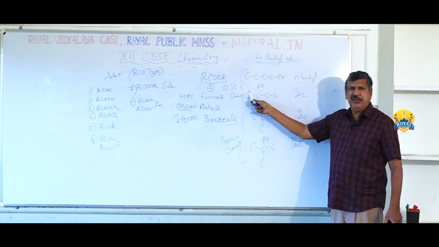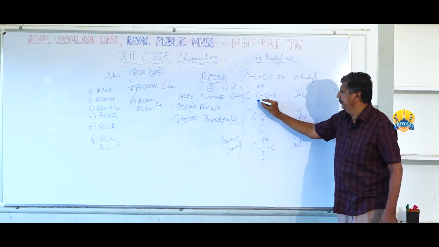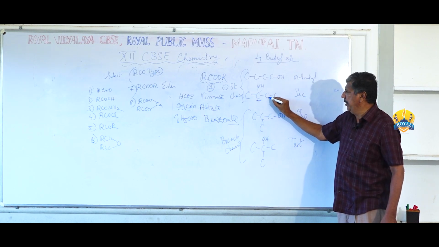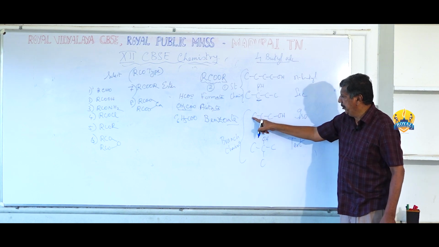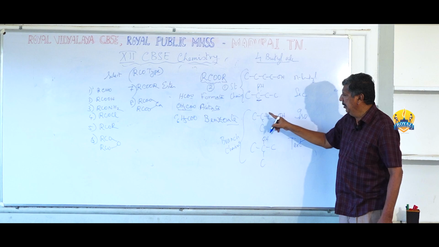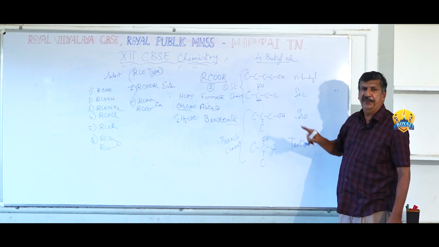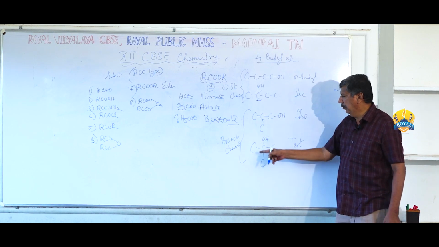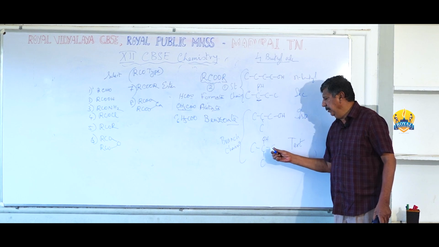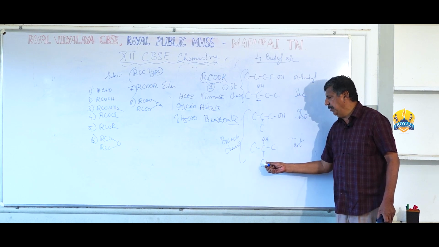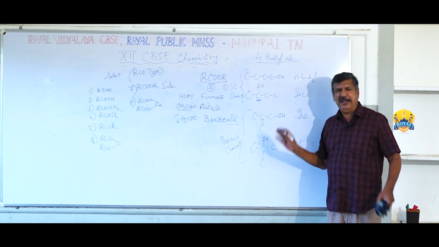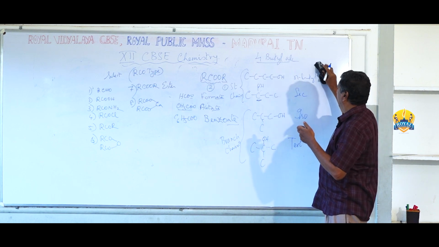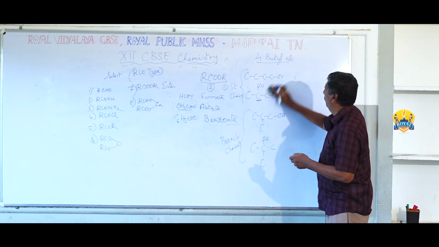When you go for here, CH3, CH, CH2, CH3. What about this? CH3, CH, CH2, CH3. What about this? CH3, C, CH3, CH3, no H. There is no H over here. Be careful. Okay. Butyl is over.